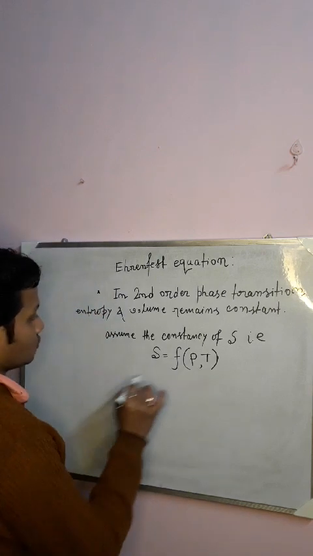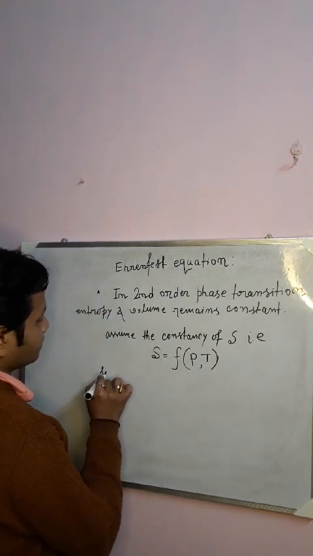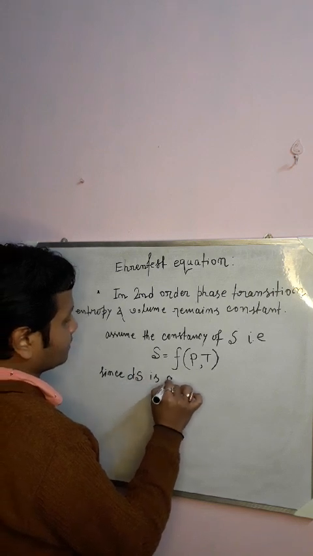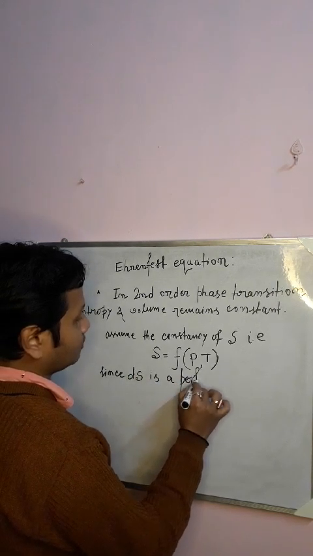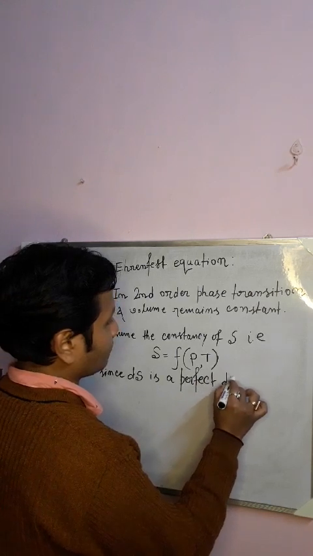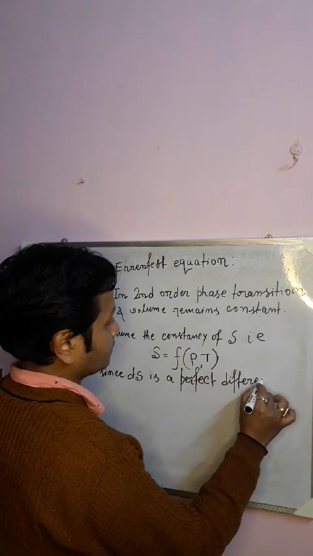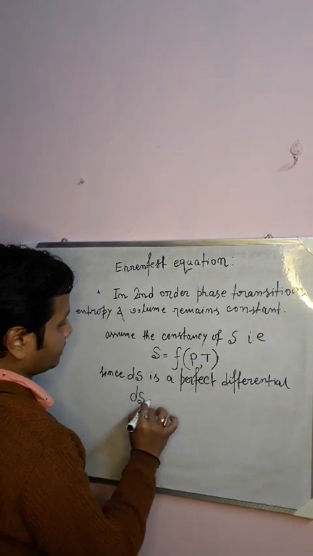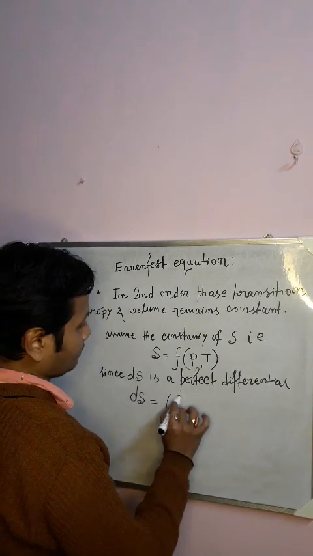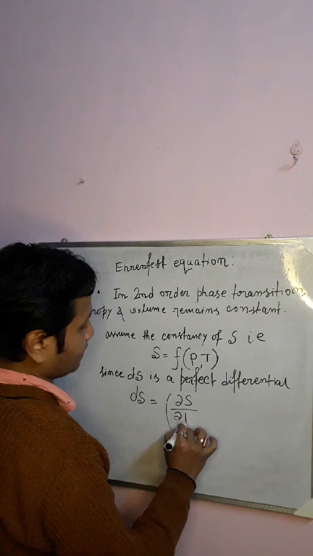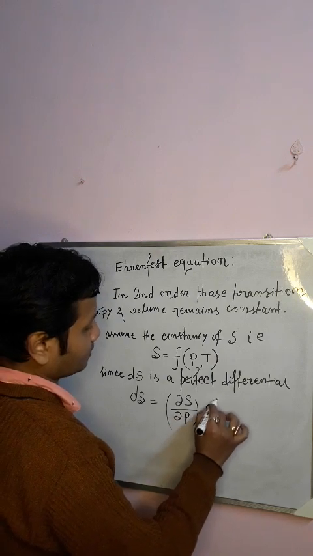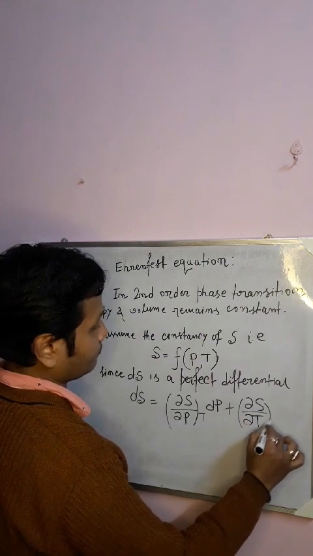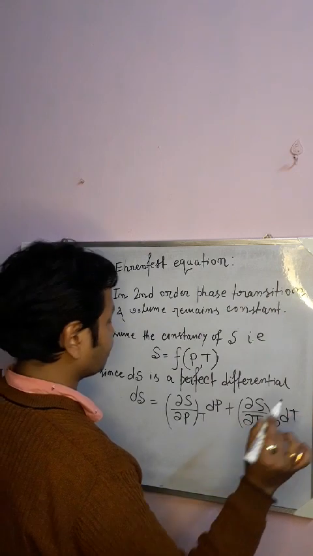Since dS is a perfect differential, we can write dS equals del S del P at constant temperature dP plus del S del T at constant pressure dT.